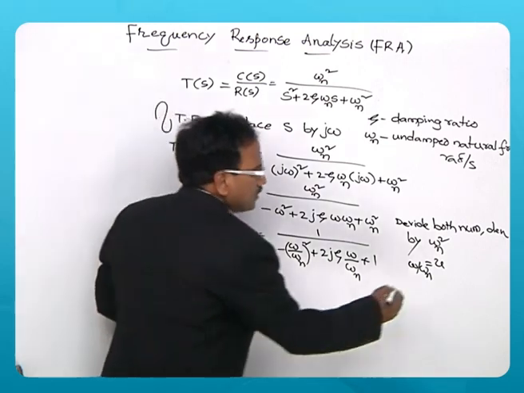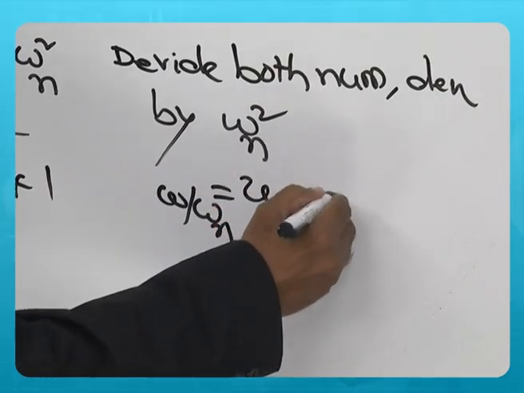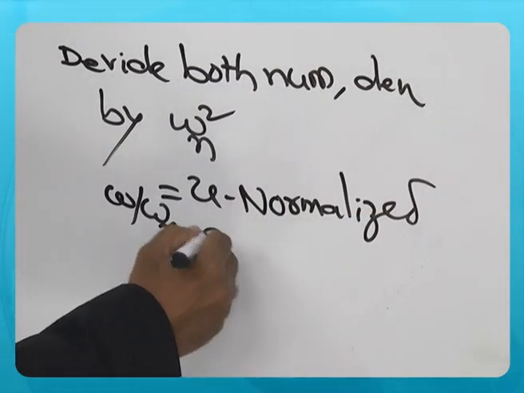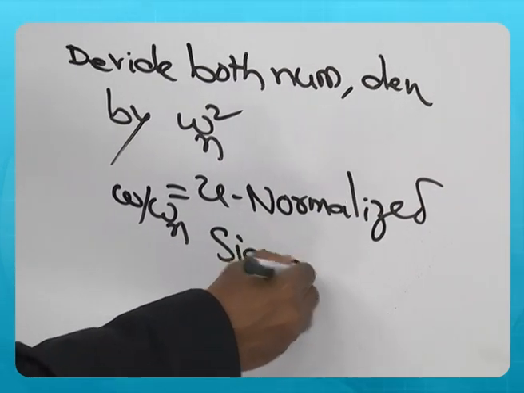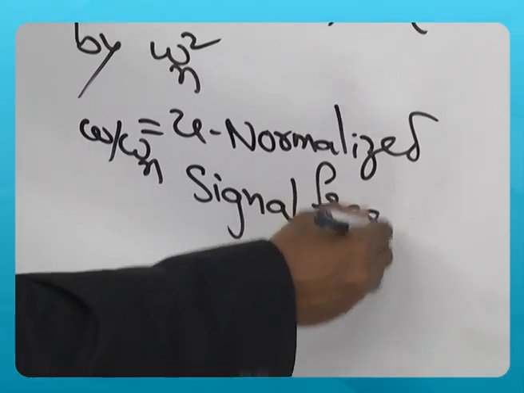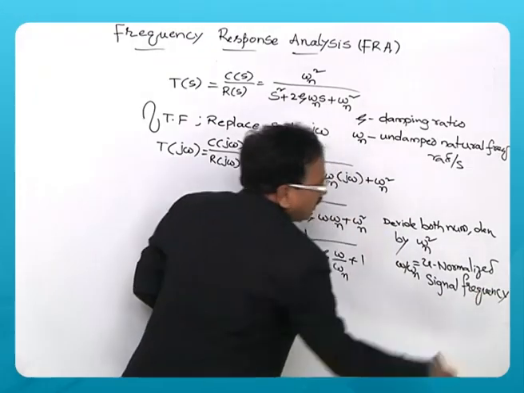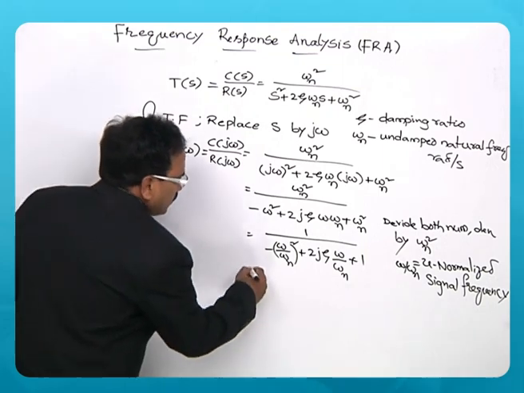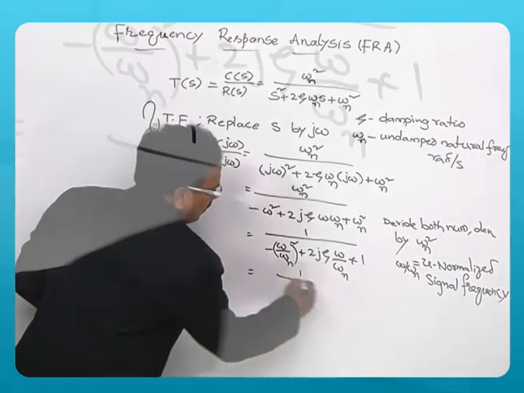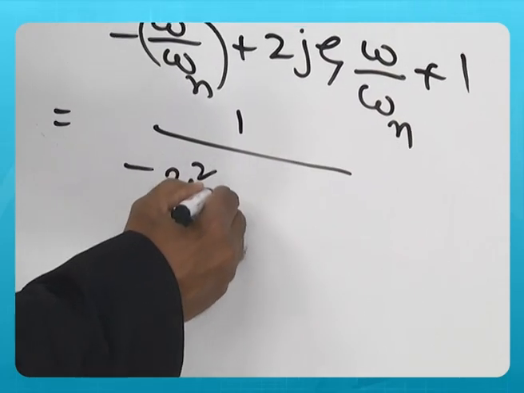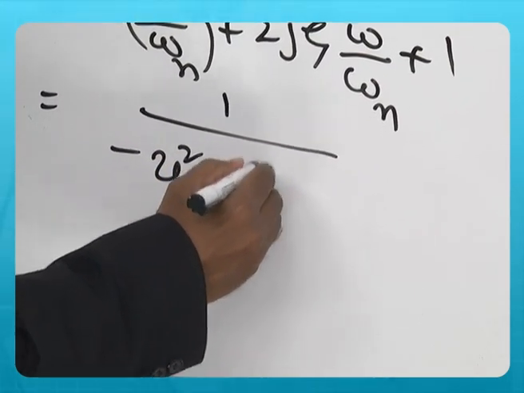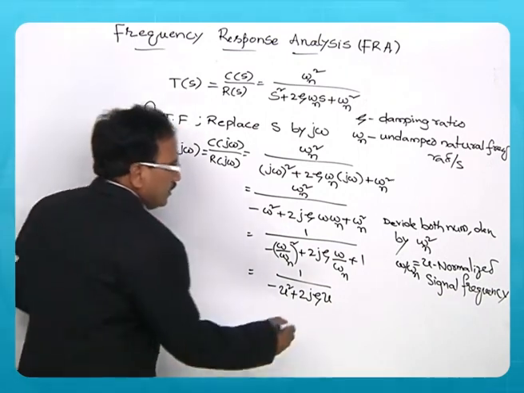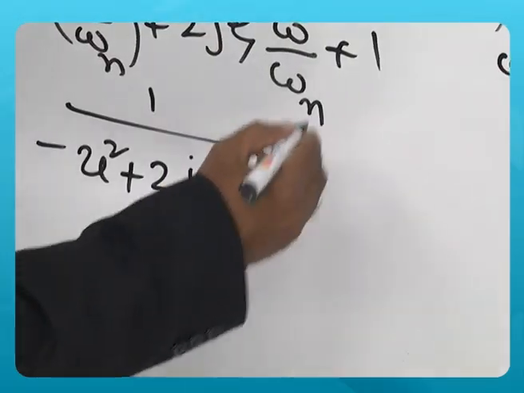This is known as normalized signal frequency, which I use for analysis purpose. So, this becomes 1 by minus u square plus 2 j zeta u plus 1.